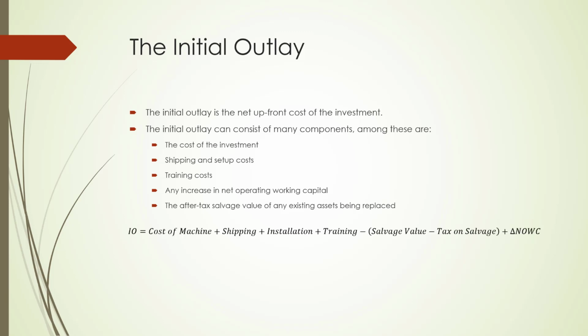So here again is the formula for the initial outlay. So we have the cost of, let's say it's a machine, could be anything else, could be a building, could be land, it could be whatever. So the cost of the machine, plus any shipping, plus any installation costs, plus any training, minus the salvage value, less any taxes owed on that salvage value, plus the change in net operating working capital.